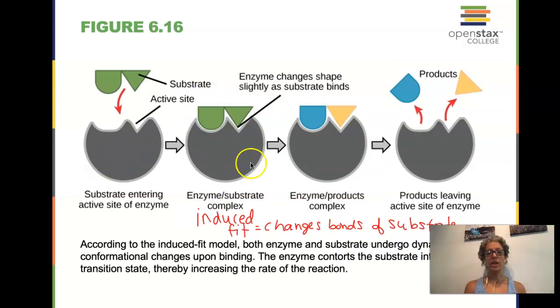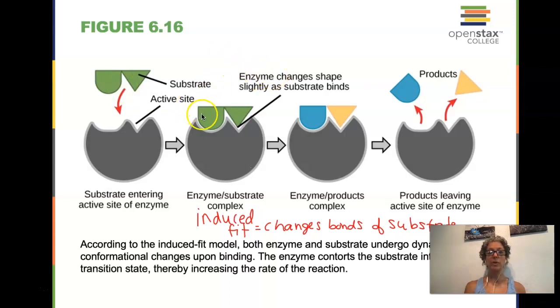This is a representation of how an enzyme recognizes the chemical it interacts with and what that process is. So the enzyme is the gray blob. The substrate is the reactant, the chemical coming into the system.